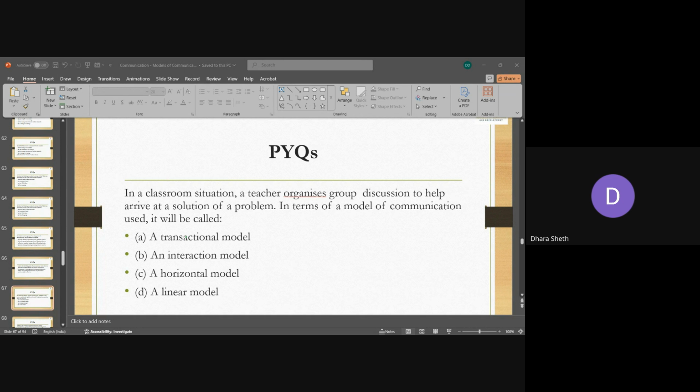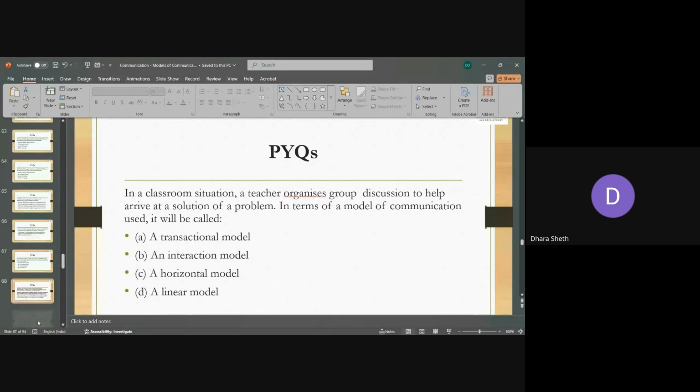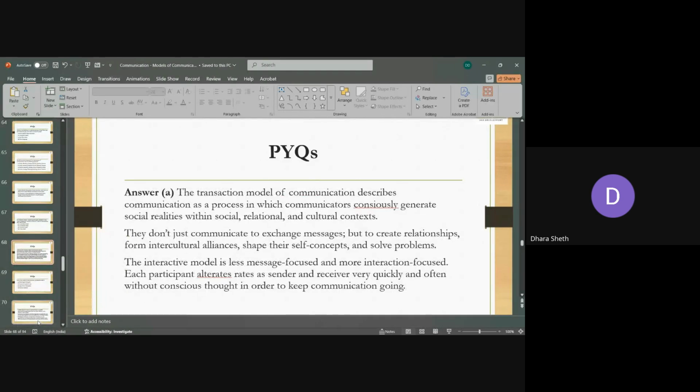Interaction is one by one. Horizontal is interaction between peers, like vertical is interacting with superiors, and linear is one-sided. So A and B is where probably you will have confusion here. The answer is A, transactional model, because in a group discussion, both the sides keep on speaking continuously.